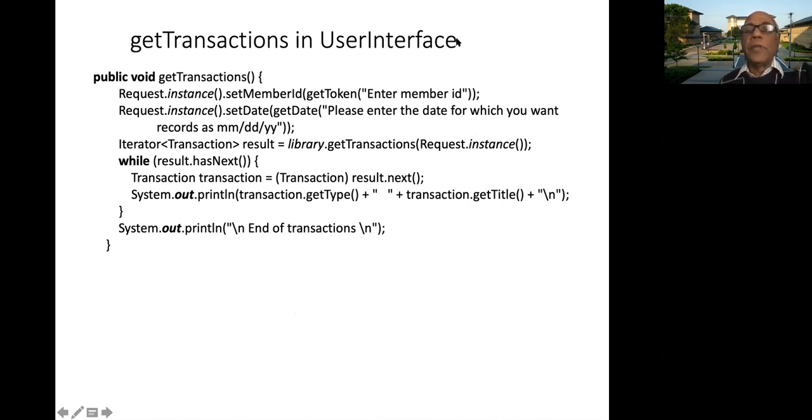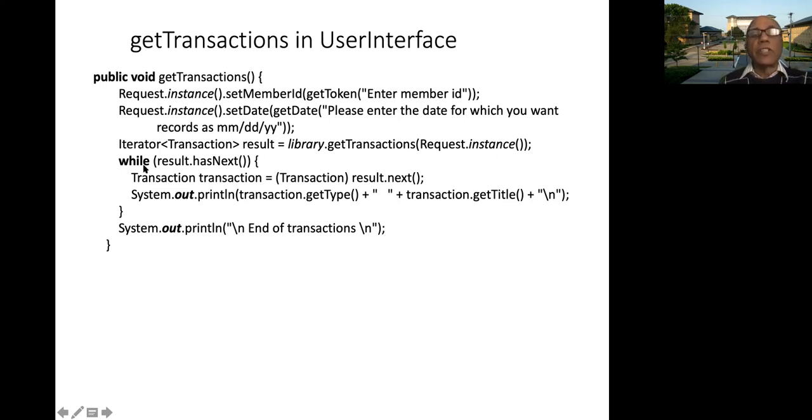So here, if you want to get the list of all transactions for a certain member on a specific date, we ask for the member ID, set it to the member ID field of the request object, get the date, and set the date in here. So those things are done. And then we call the get transactions method of library with this request object as parameter.